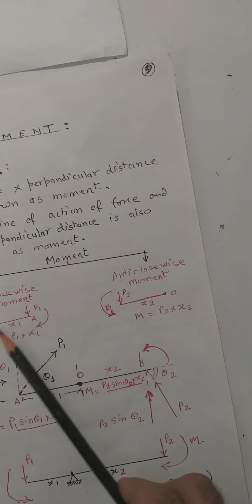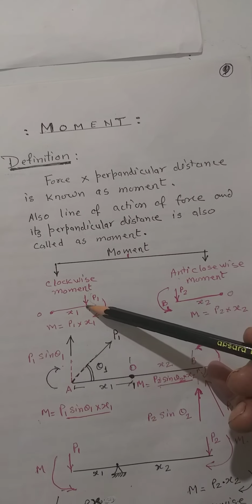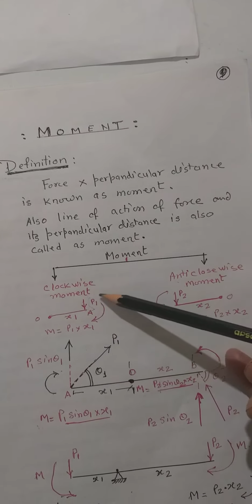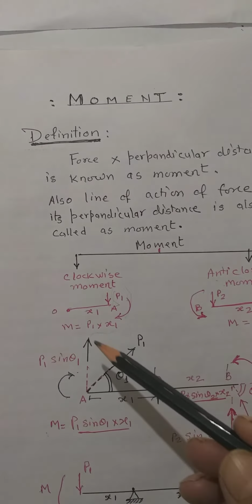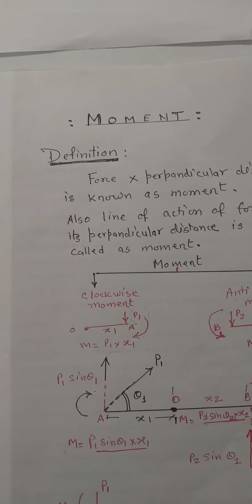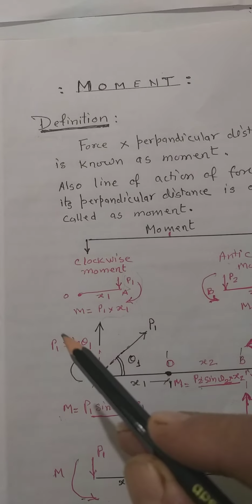So the moment will be force into its perpendicular distance, and it will try to tilt the body in a clockwise direction. So P1 into x1 is the magnitude of the moment acting in a clockwise direction.